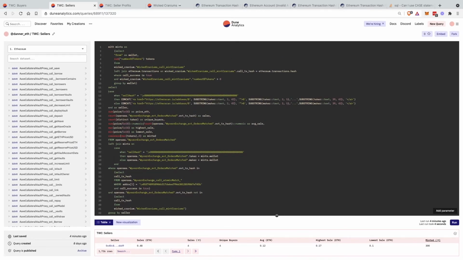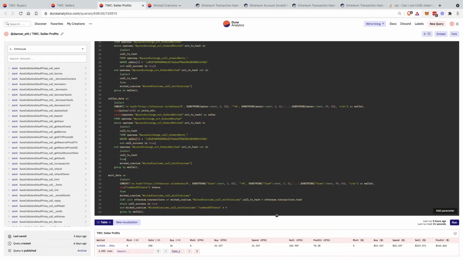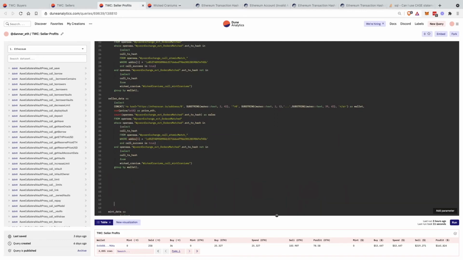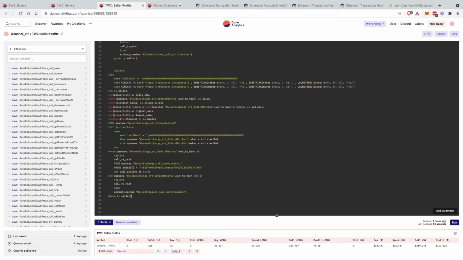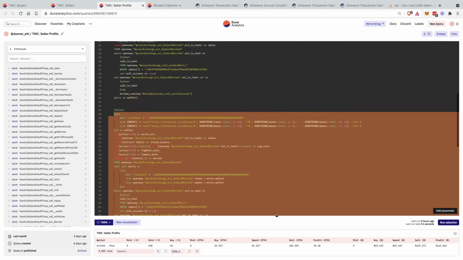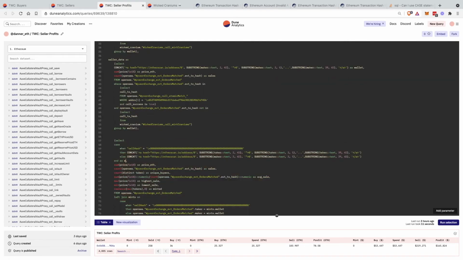So are we basically just doing this without the... let's see. So our wallet, we're going to switch out the seller to the wallet.